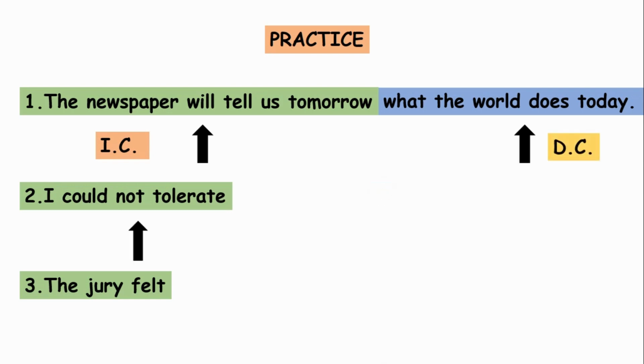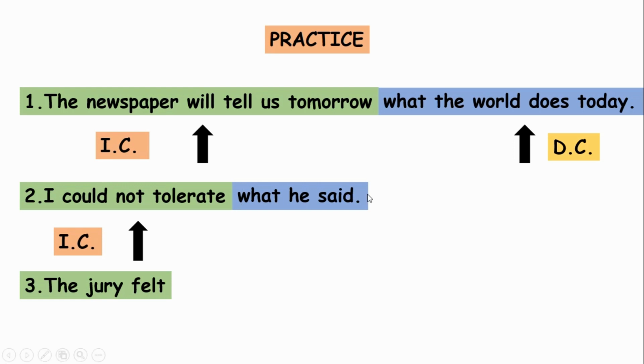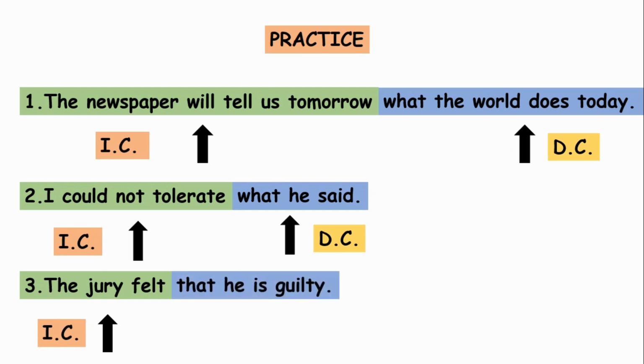Now second one, I could not tolerate. Independent clause. I could not tolerate what? I couldn't tolerate what he said. So what he said is the dependent clause over here, which can't stand on its own. The jury felt, this is the independent clause here, and that he is guilty.